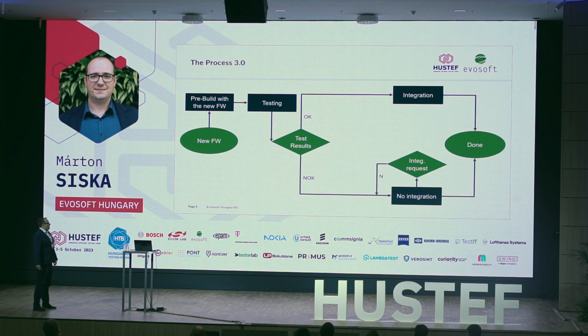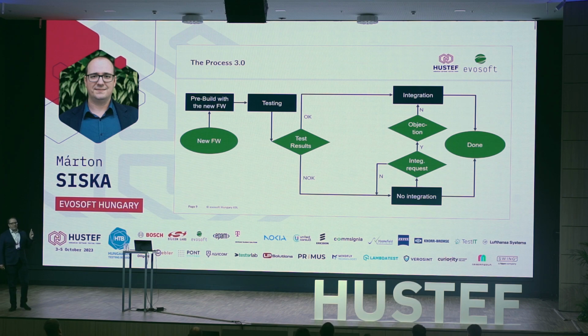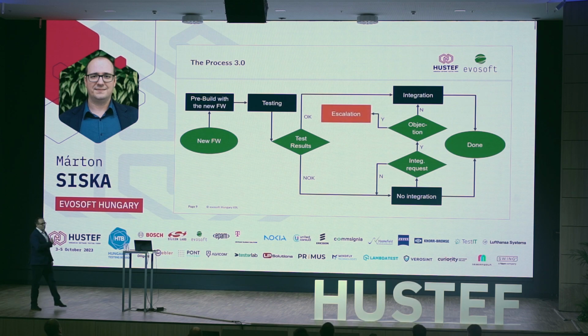And if this request hadn't happened, then there was some kind of iteration until we reached the end of this process. But if integration was requested, and no other team objected, saying "forget that, because if you integrate that new firmware, we are not going to be able to progress," then integration could happen. And unfortunately, if there was an objection, that was a problem.